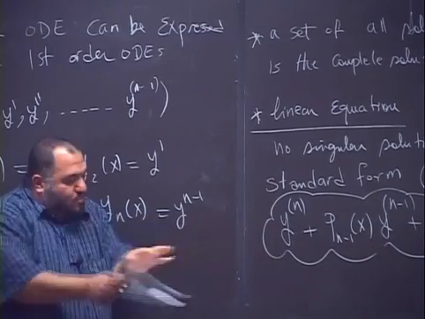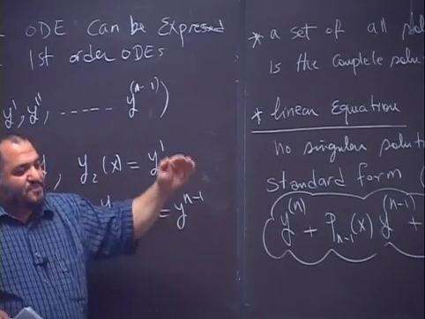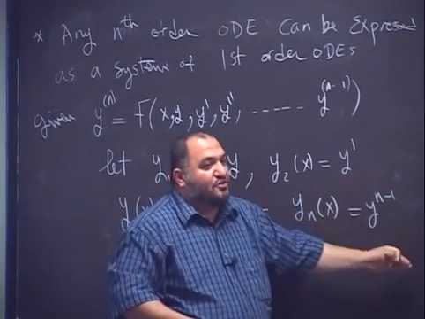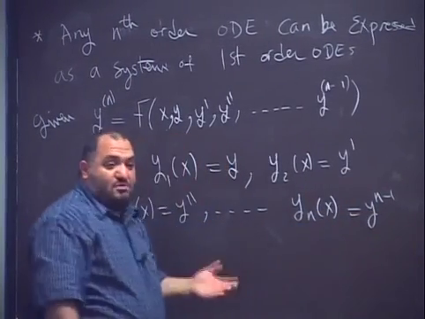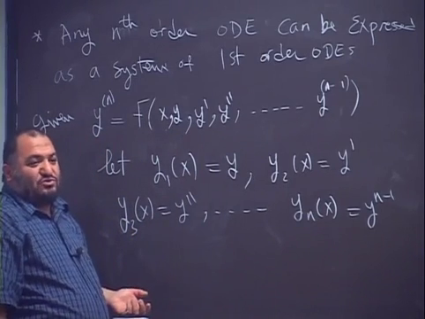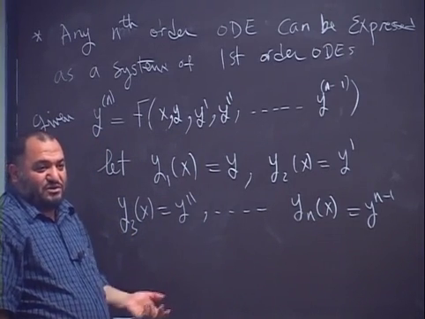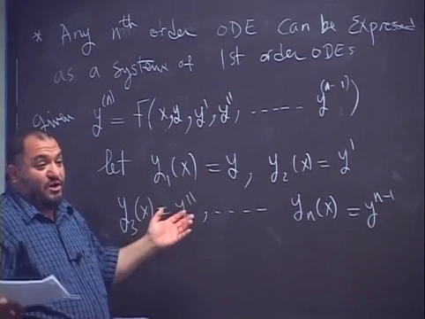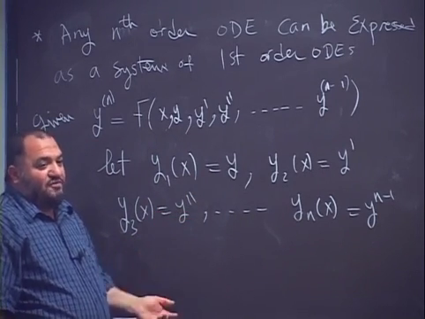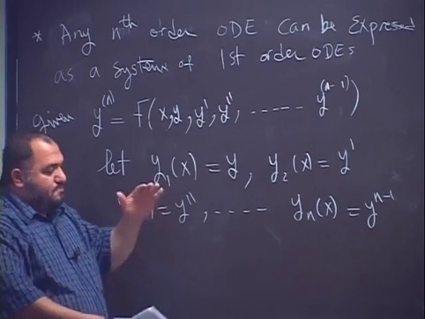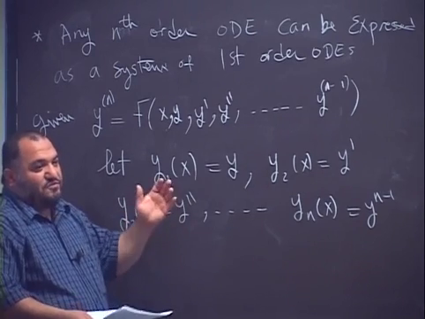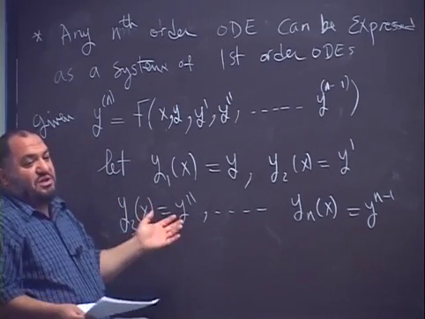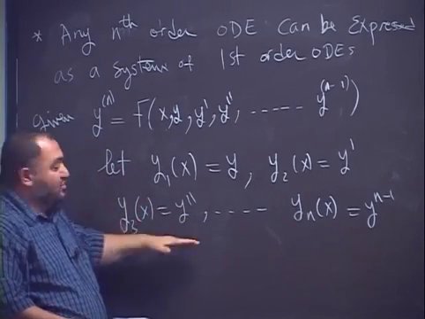Our goal is to decompose this and make it a set of n linearly dependent first order differential equations. Why will you do this? It's very easy to solve a first order differential equation. It's just dy by dx equal to f of x and y, for example. So it's very easy to solve a first order differential equation. They are a set of n of those equations, and they are linearly coupled. So we will see later in the course how to solve those.